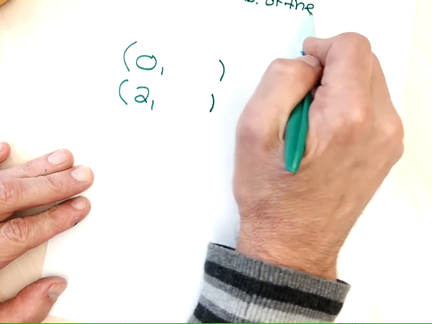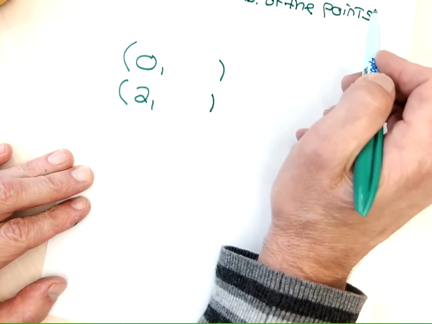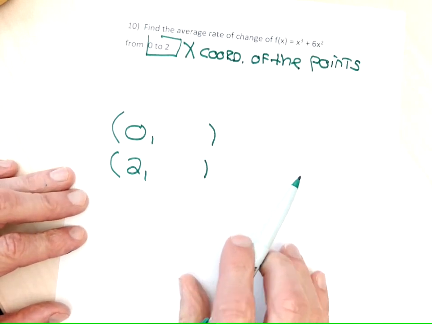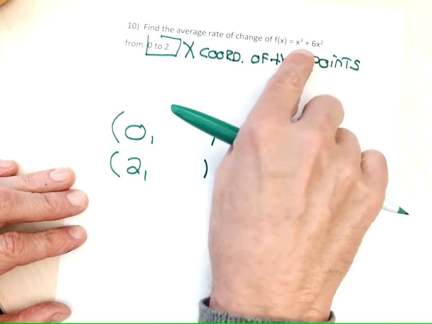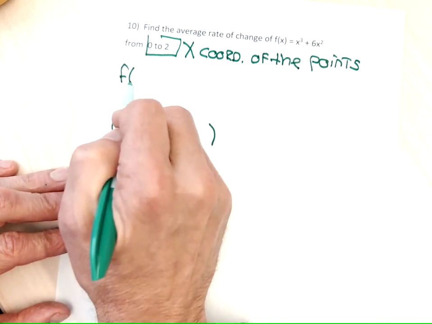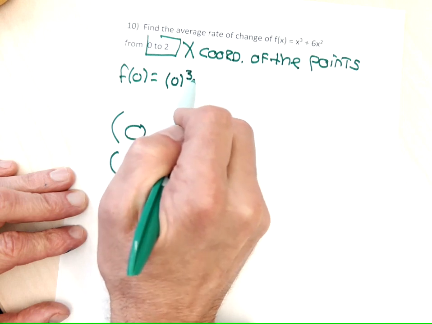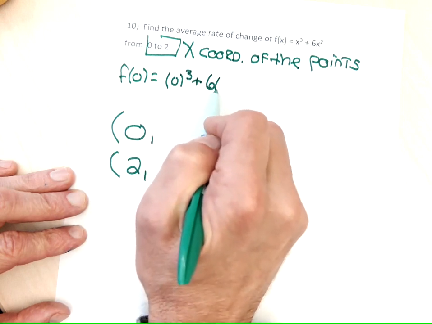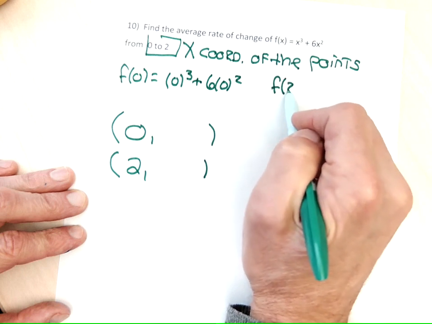I give you the x-coordinates, and now I'm going to find the y-coordinates. The first y-coordinate, I'm going to plug in 0 for the x's. And the second y, I'm going to plug in 2 for the x's.